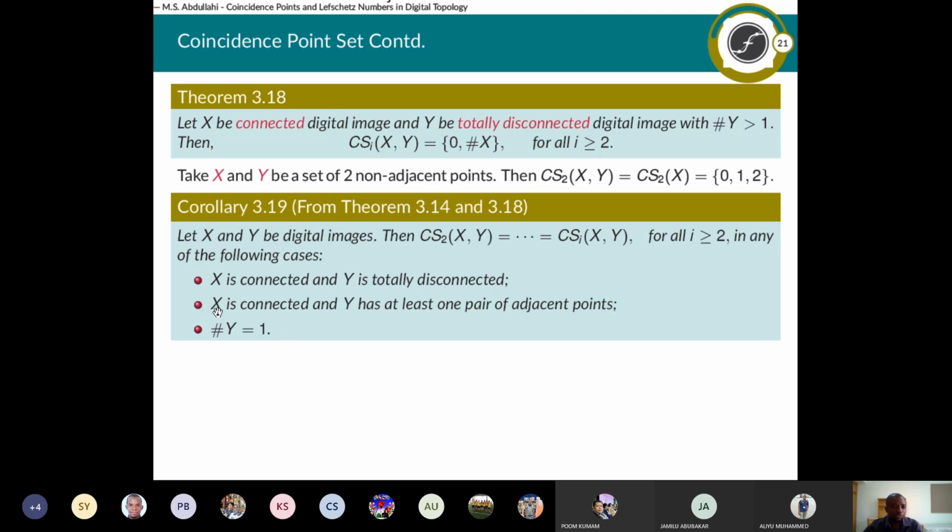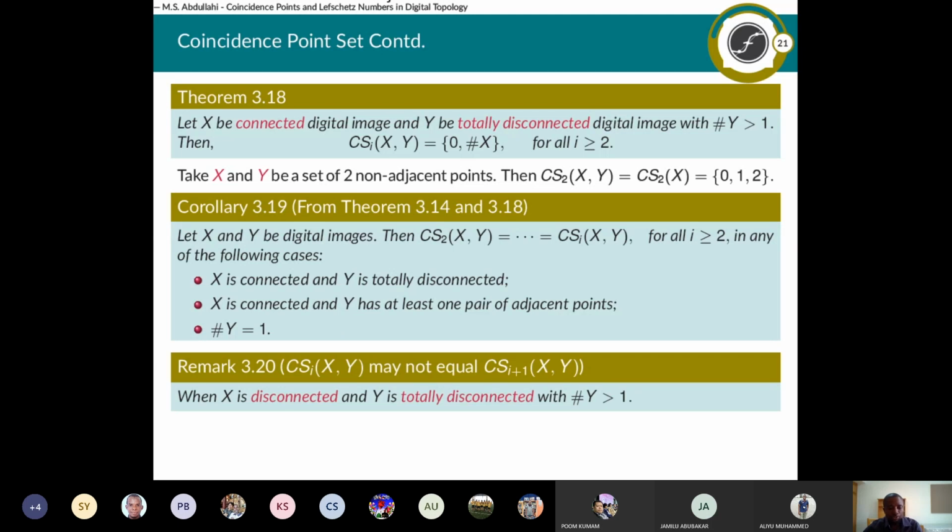The second case is when X is connected and Y has at least one pair of adjacent points. And we also see that whenever Y is a single point image, we always have the coincidence spectrum to be the cardinality of X, which means that for all i, the coincidence spectrum will be the same.